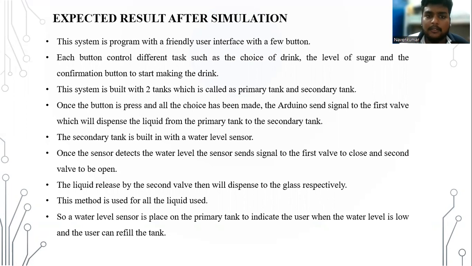The system is also built with two tanks, a primary and a secondary tank, to make precise measurements. A water level sensor also has to be placed in the primary tank and the secondary tank. In the primary tank it is to monitor the water level, and in the secondary tank it is to make the precise measurement.